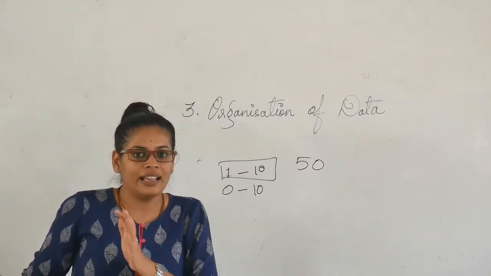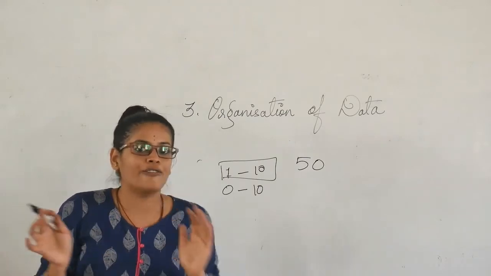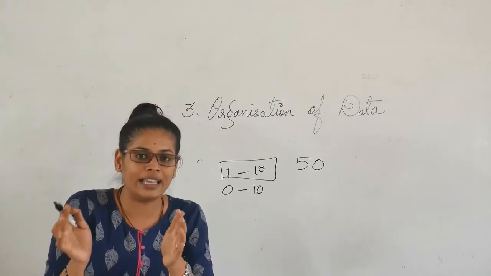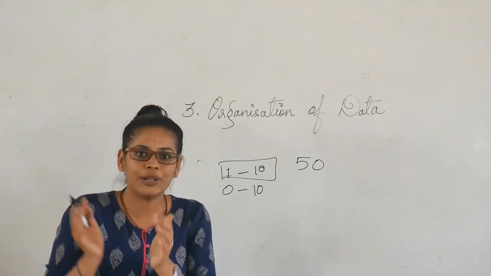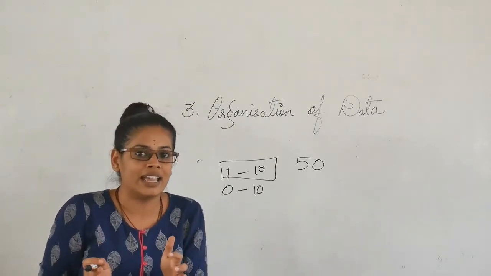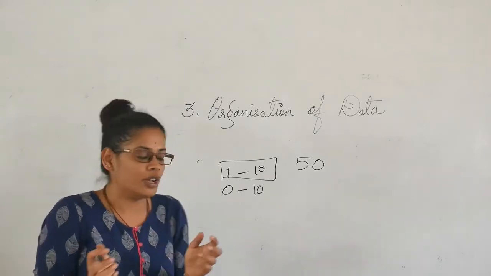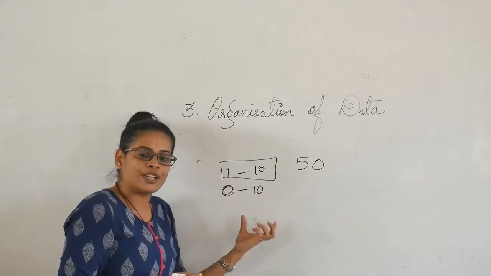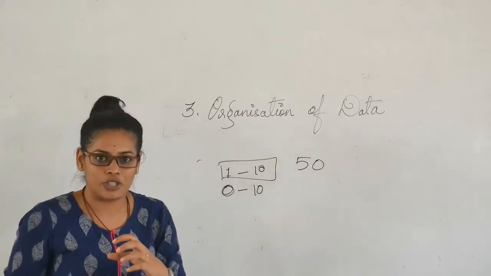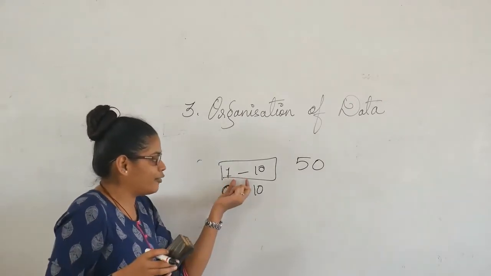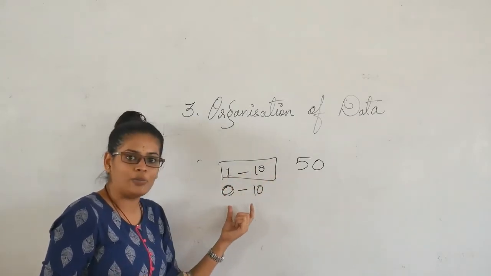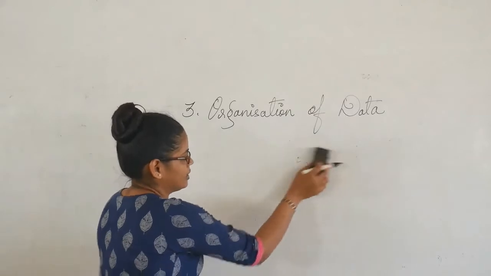Can we say that these people are not part of my study? No, right? Because the sample size 50 is my sample. So I need to consider them also in my study, whether they score or not. So that's the reason 0 is also a value which comes under our study, and that's why we don't have a class interval from 1 to 10, whereas we have 0 to 10.